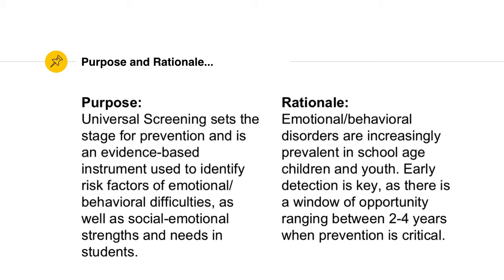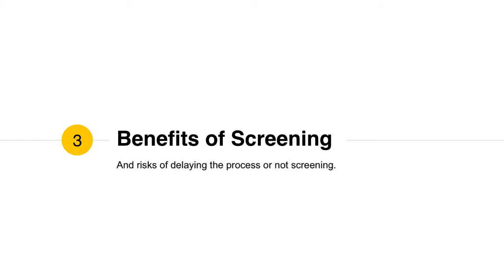We know that childhood and adolescence are critical, formative times for our learners. The earlier we can detect concerns or begin to investigate red flags, the more successful both the student and the intervention stand to be. It seems obvious to most that there are clear benefits to screening our student population, but let's discuss some additional reasons.